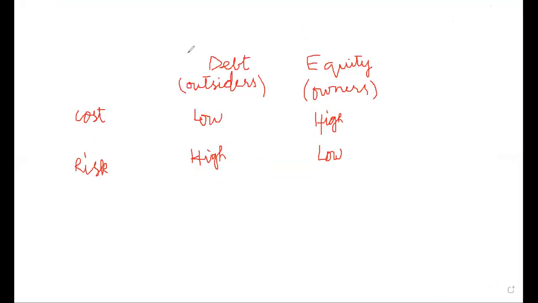So we see that there are two types of capital. The cost of debt capital is low, the cost of equity capital is high. How do we understand this one? The return which is paid to the debt holders, we call it interest.